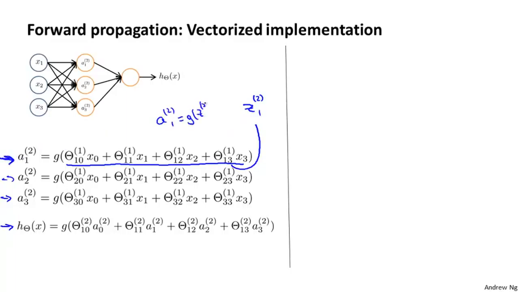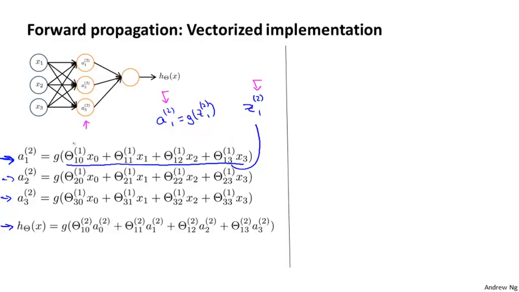And by the way, the superscript 2 in parentheses on z2 and a2 means that these are values associated with layer 2, that is, with the hidden layer in the neural network.